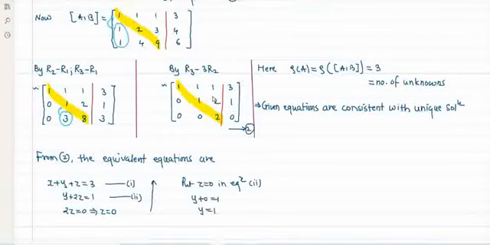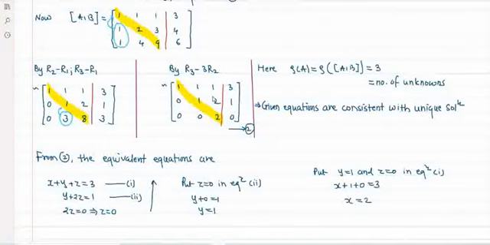Next, put y equal to 1 and z equal to 0 in equation 1. That is x plus 1 plus 0 equal to 3. So this implies x equal to 2. Now the solutions: z is equal to 0, y is equal to 1 by using back substitution, and x is equal to 2.